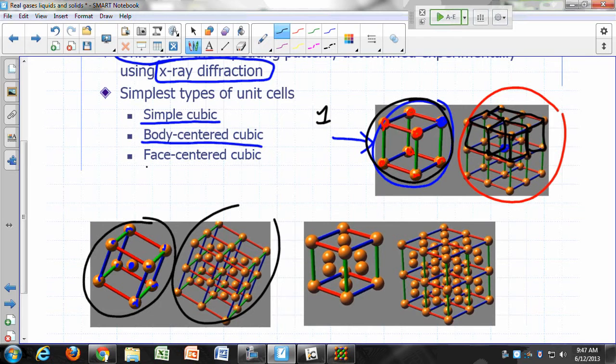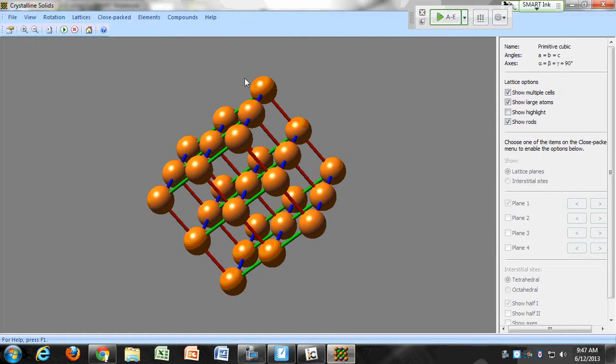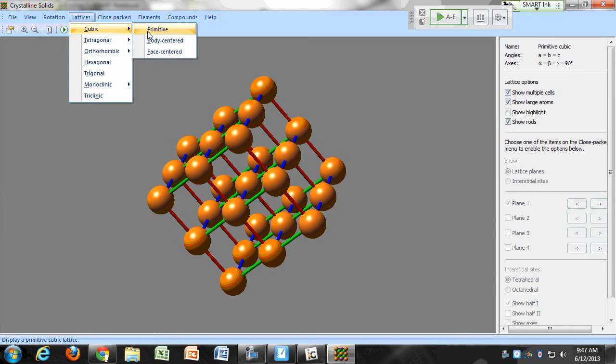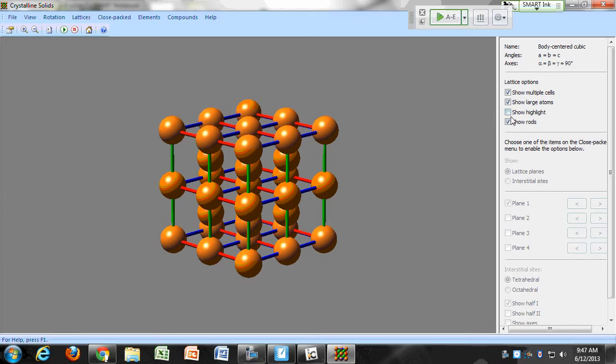What if you have, you can have what's also called a face-centered cubic. Look at what happens in the face-centered cubic here. At each of the 6 faces, 1, 2, 3, 4, 5, 6, you have an extra atom. Okay, let me see if I can make that visualization a little easier. This was the body-centered.